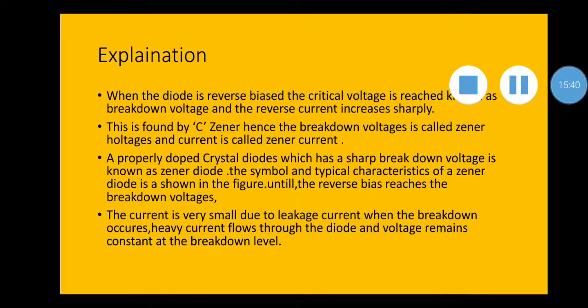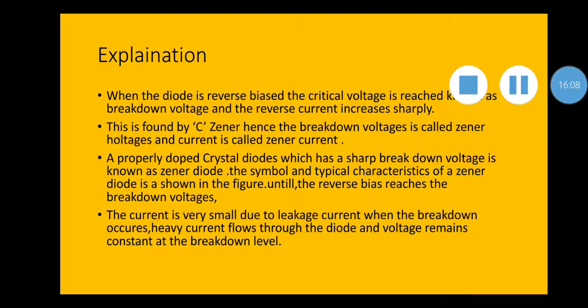When a diode is reverse biased, the critical voltage is reached, known as the breakdown voltage, and the reverse current increases sharply. This was found by Zener. Hence, the breakdown voltage is called the Zener voltage and the current is called the Zener current.